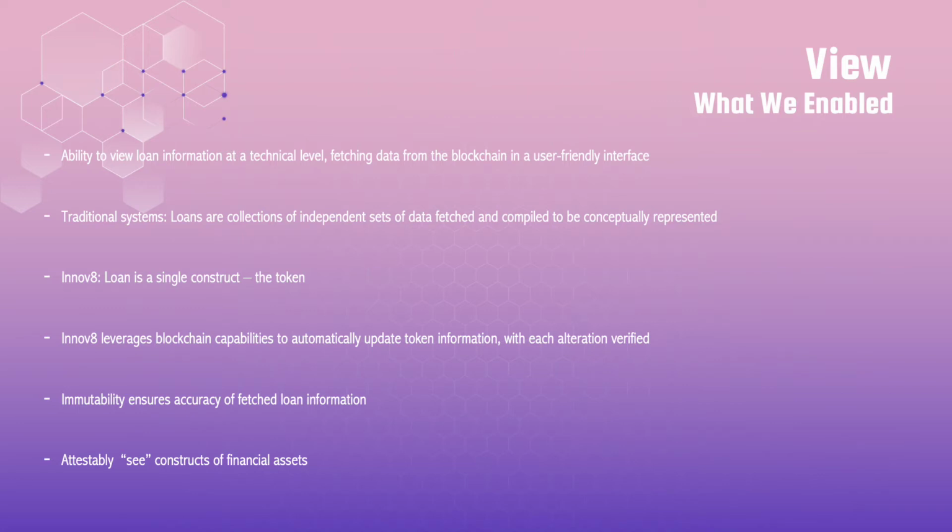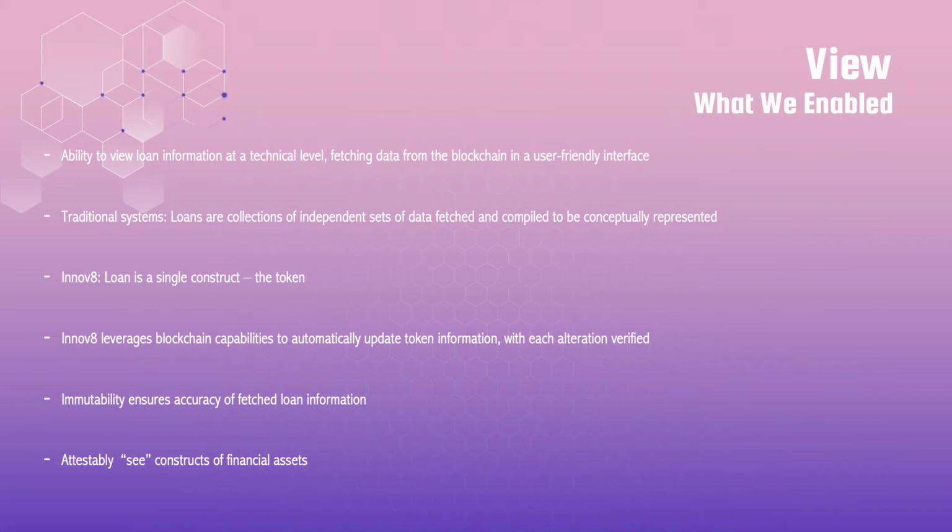In the Innov8 system, the loan information is stored in a single construct, the token. This is a more efficient way of storing loans as the information does not have to be compiled from multiple layers of disparate data. Instead, all the loan information can be accessed with a single pull request.